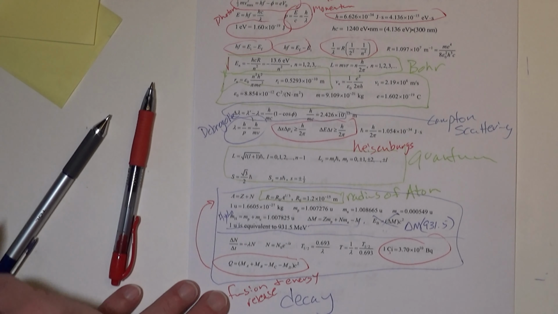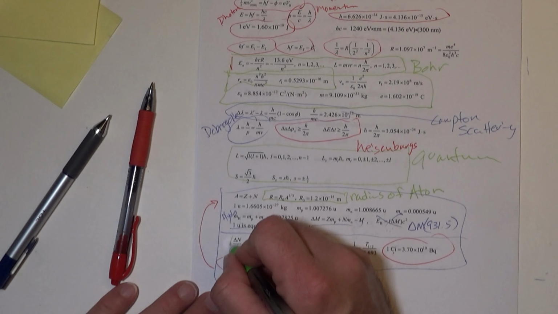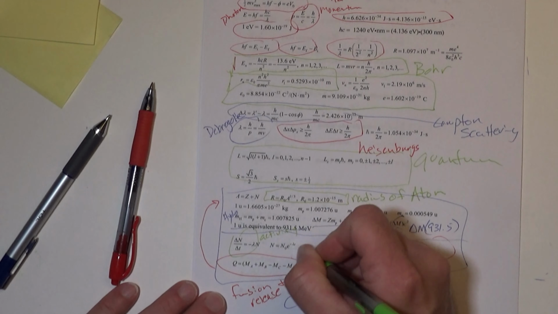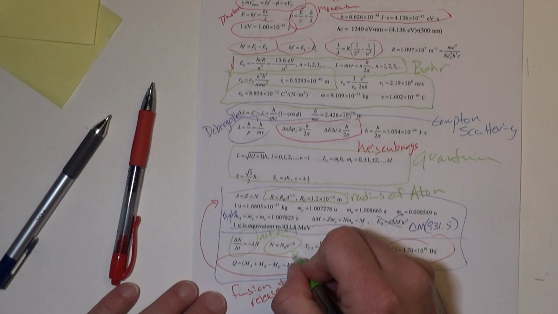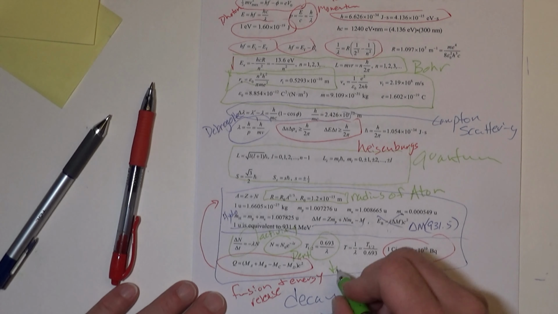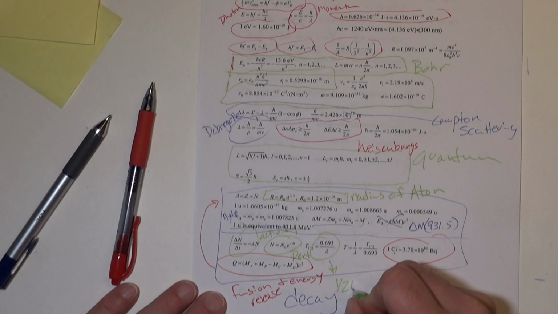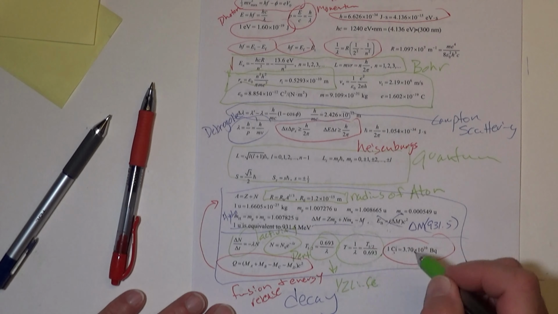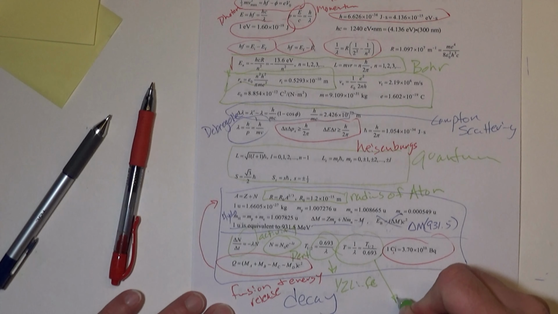Now, getting into the radioactive decay, this one right here is activity. This here is the exponential decay equation. This is the half-life equation. I don't use either of these that way.